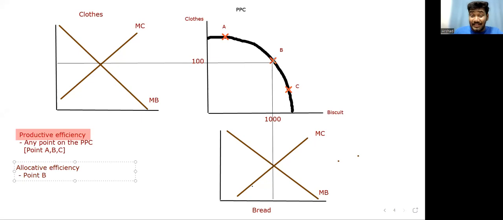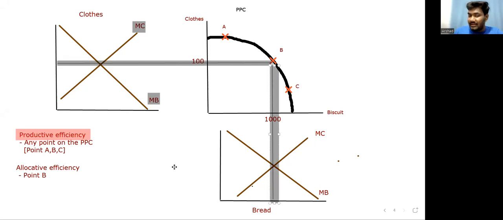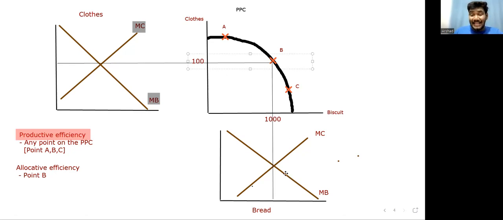At point B only, marginal cost is equal to marginal benefit for this good, connected. So point B is producing the correct amount of clothes and the correct amount of bread, the most desired amount of bread and clothes.